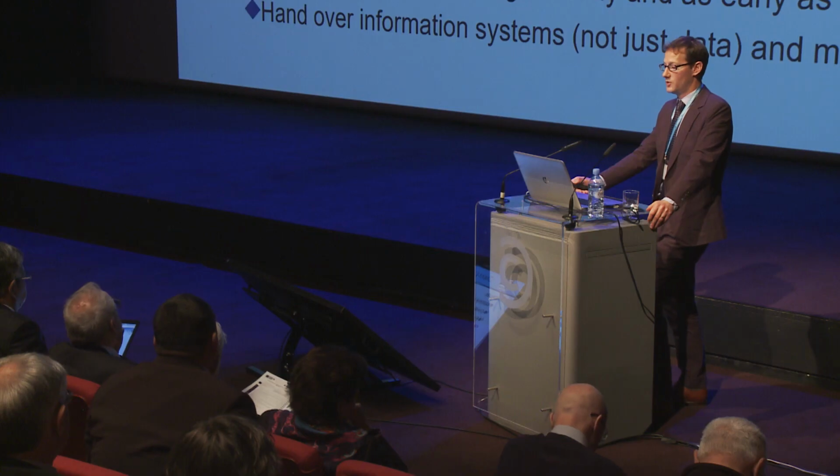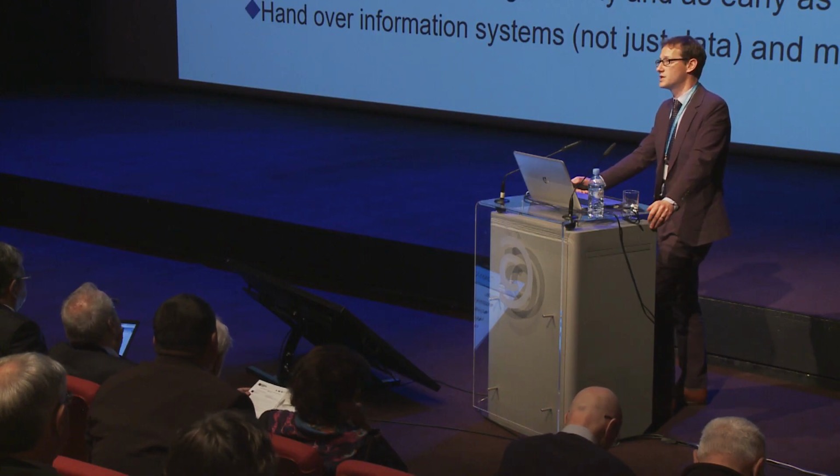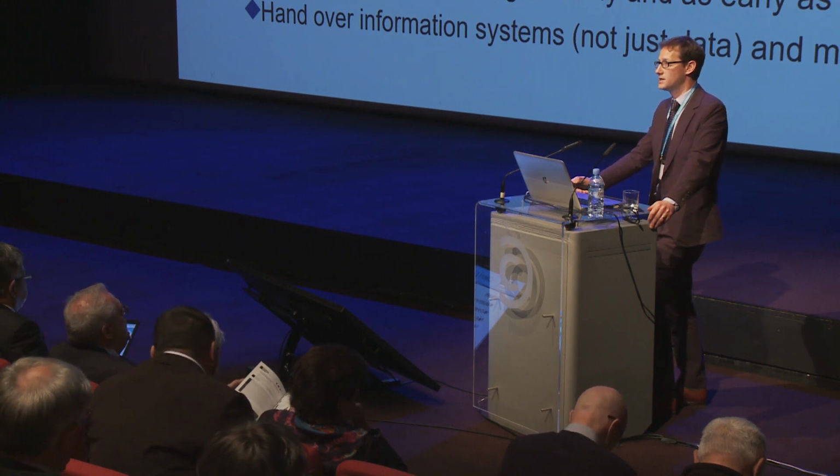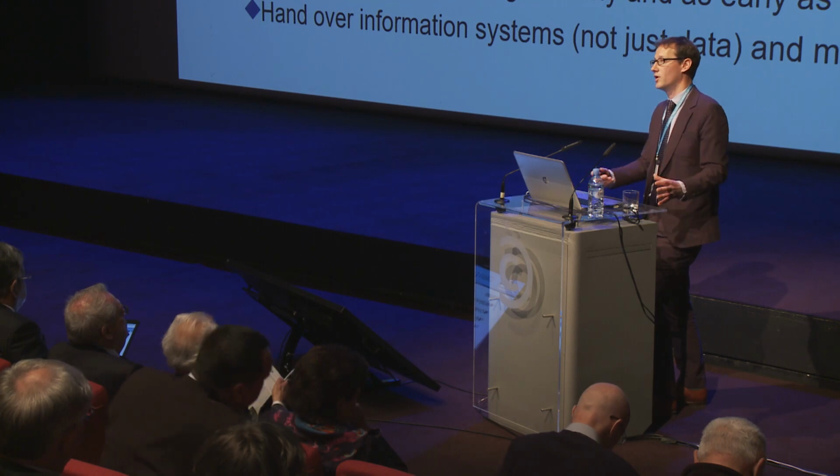And we need to collect that asset data progressively, not wait till the very end and then try to collect it. Collect it as early as possible. And as I mentioned earlier, we'd hand over our asset information systems in their entirety, not just the data, so that it was easily brought in by our clients.